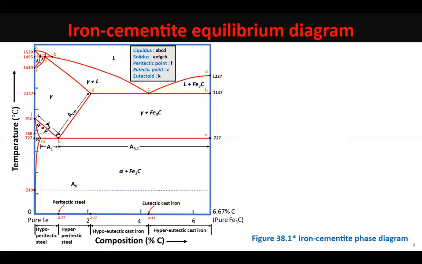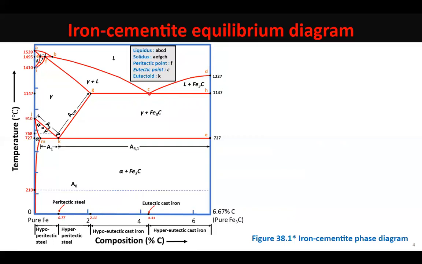We know that for the eutectic reaction we need liquid solution, and we also know that the product phase from the eutectic reaction is ledeburite. So if somebody asks you which of the cast irons will show the eutectic reaction completely, your answer would be a cast iron with 4.33 percentage carbon.